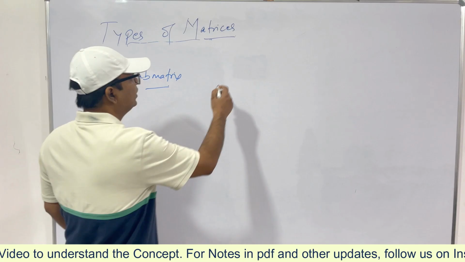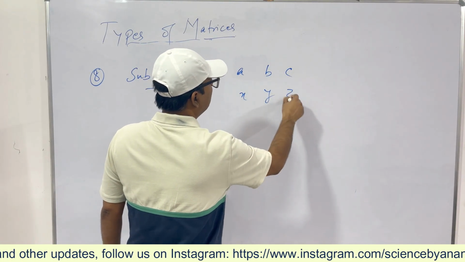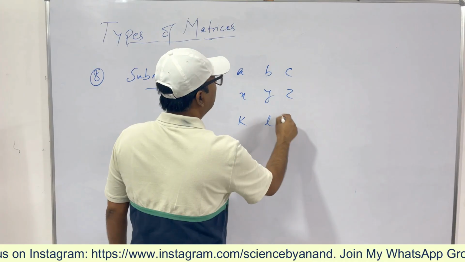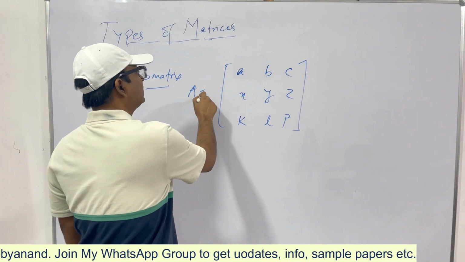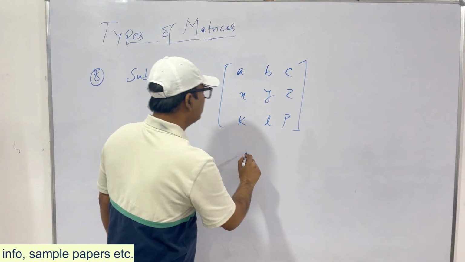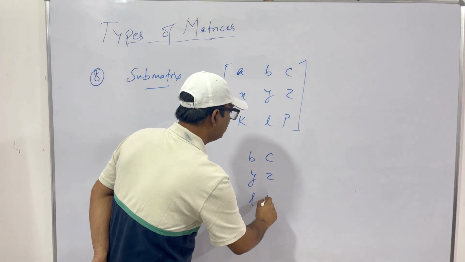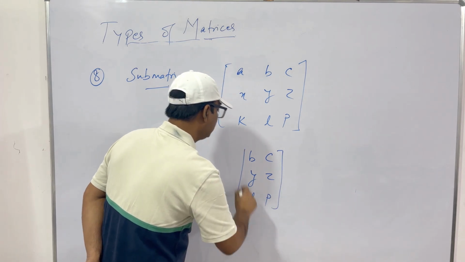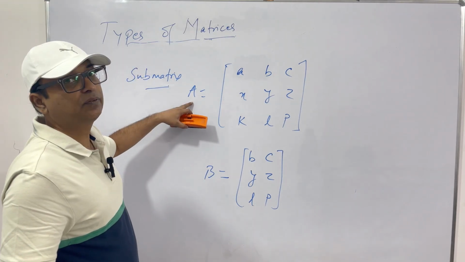So what I mean is, if this is a, b, c, x, y, z, k, l, p, let's say we have this as a matrix. Let this be matrix A. If we omit column 1, what will we get? We'll get b, c, y, z, l, p. So this is also a matrix. Let's say this is B. Then B is a submatrix of A.